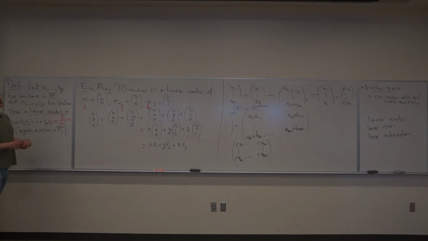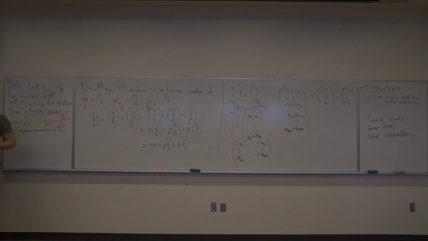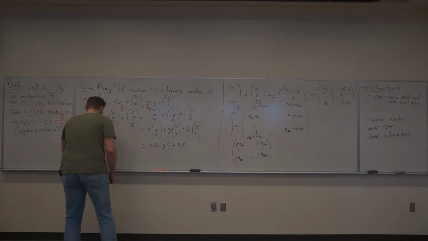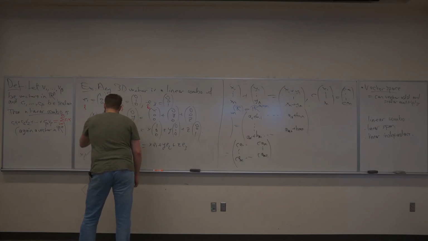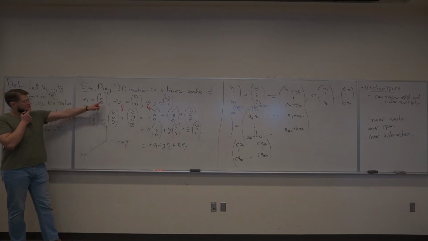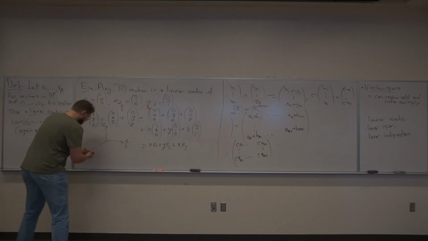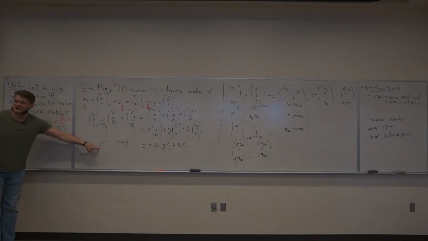How can I visualize this? Well, 3 dimensions I can imagine as the XYZ space. That's x, that's y, that's z. Let's remember how we were visualizing these vectors. So 1, 0, 0 is a point here. It's on the x-axis. But instead of thinking of the point, I'm imagining the arrow from the origin to this point as this vector.